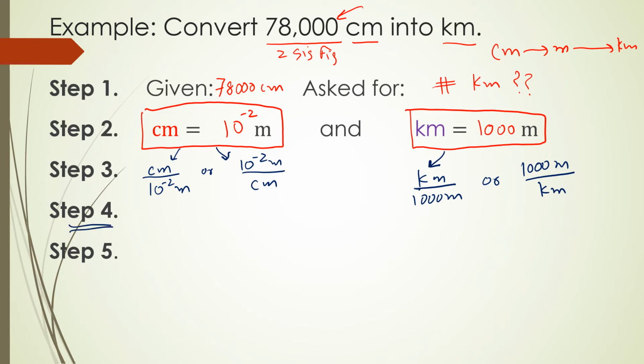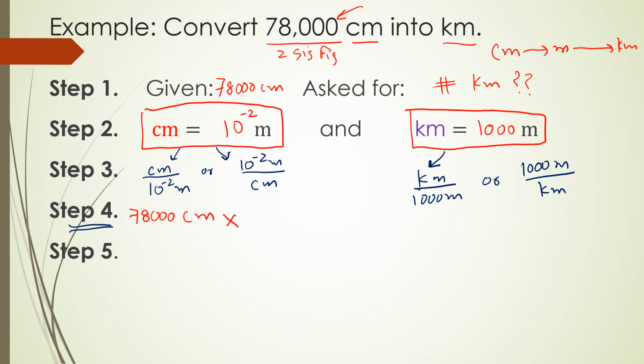We need to set up this equation in which we start with the given. So given is centimeter, or 78,000 centimeter. That's what it was given. And we multiply with the conversion factor where the centimeter unit cancels.